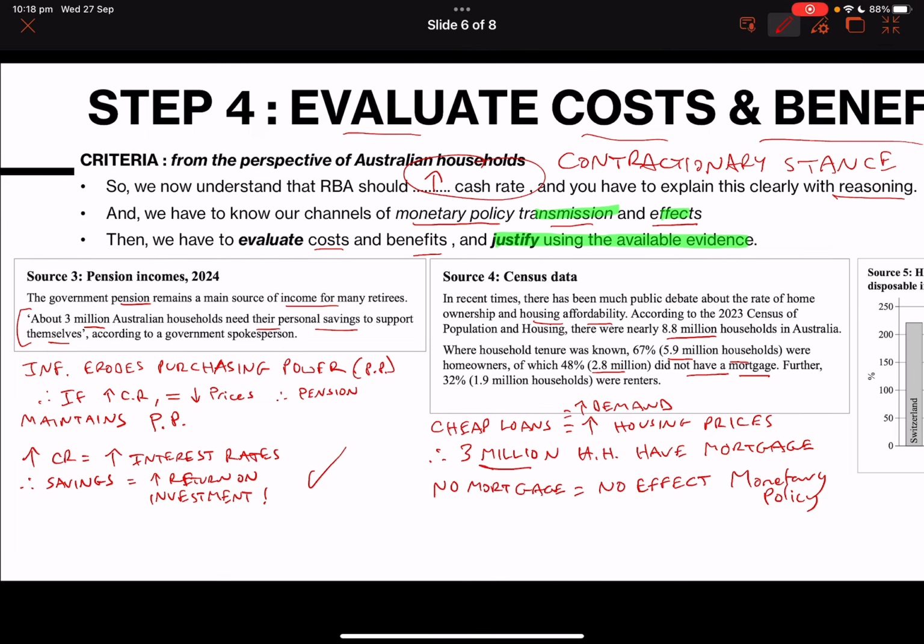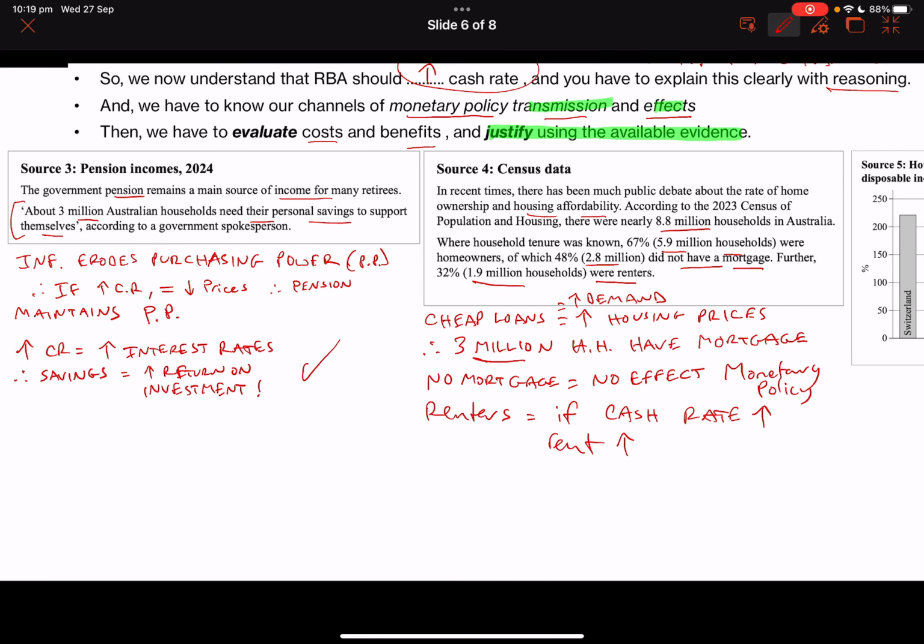Now then there are also the renters. There were 1.9 million renters. If the cash rate rises, rent rises.